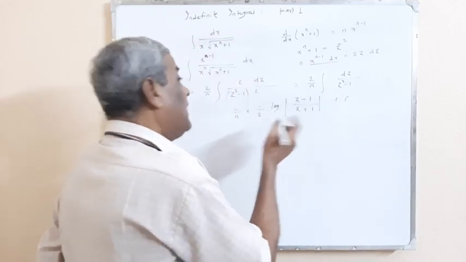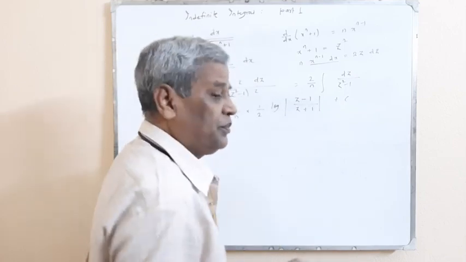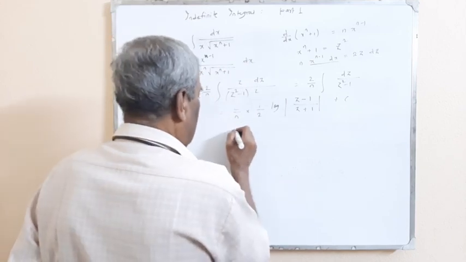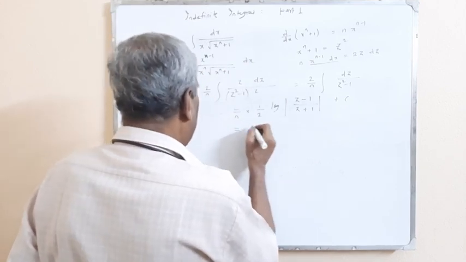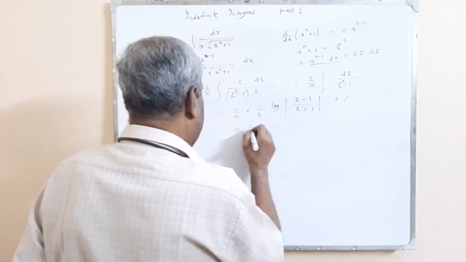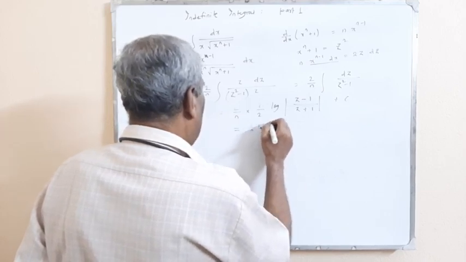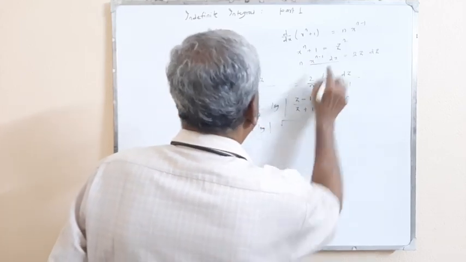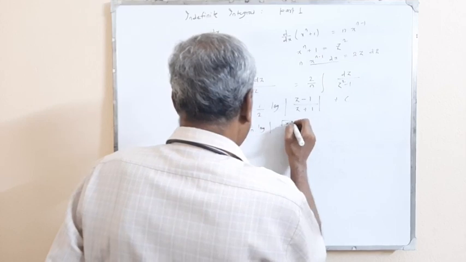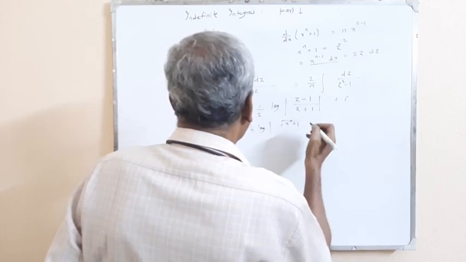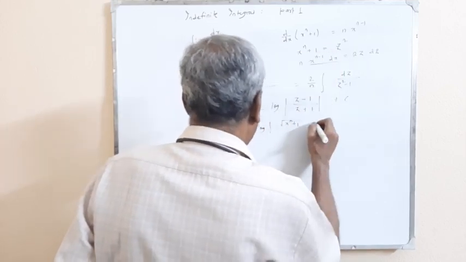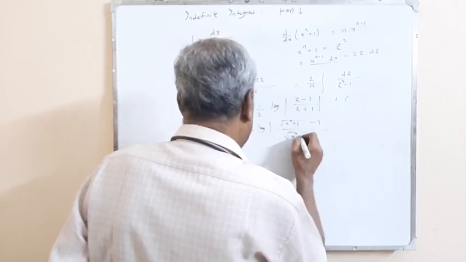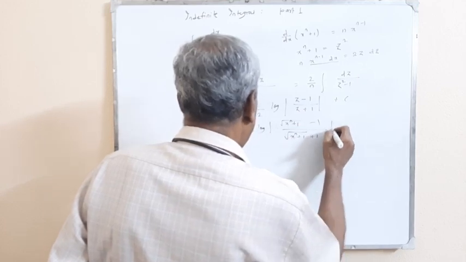Now we have to change the variable from z to the given original variable, x. So that 1 by n log of mod of z, where z is root over of x to the power n plus 1, z minus 1 by root over of x to the power n plus 1 plus 1, plus c.